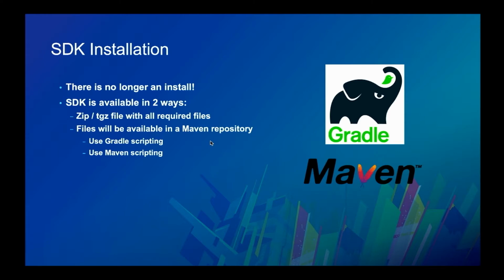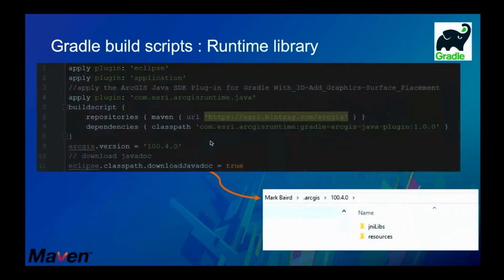So you can basically use Gradle or Maven scripts to build your application. Gradle is quite a common way of building Java applications now, so I'll talk you through this workflow, but it's very similar in the other workflows. What we have is a plugin which will bring in all the resources that you need to write your own Java applications.